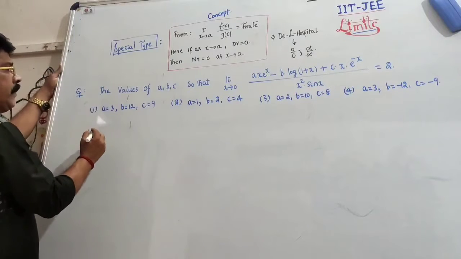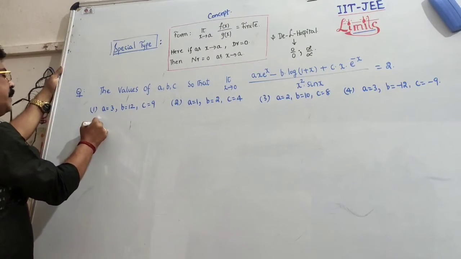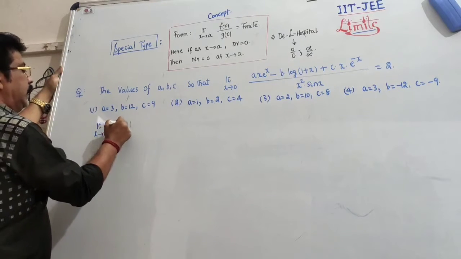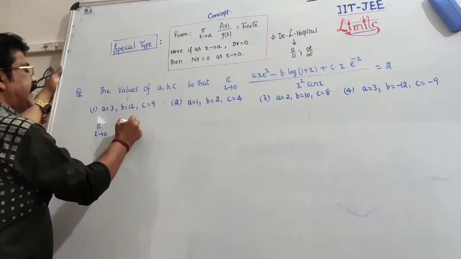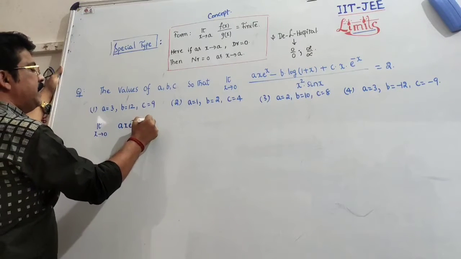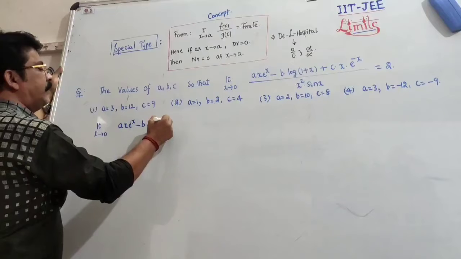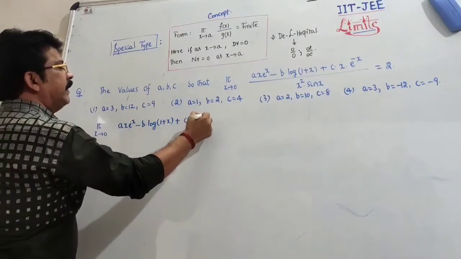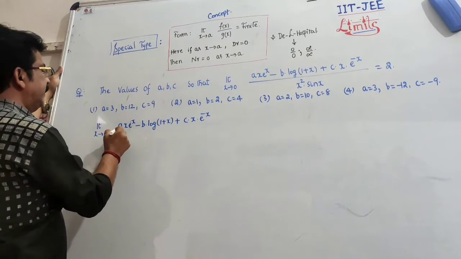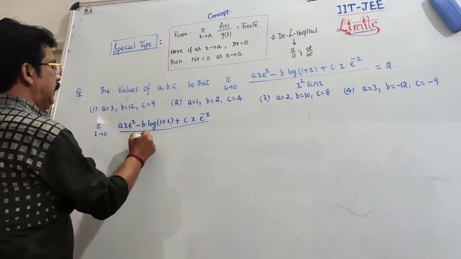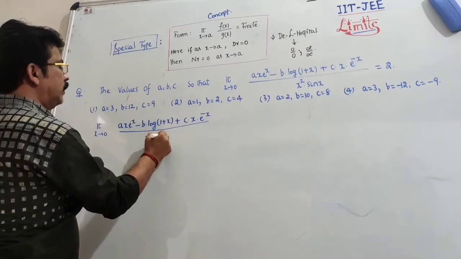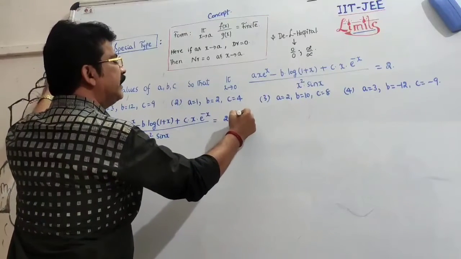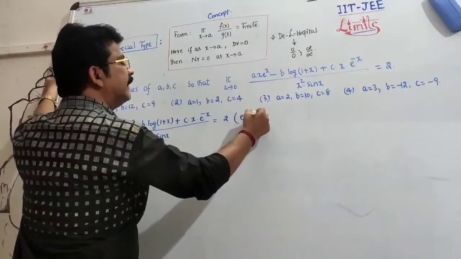Here, given that limit x tends to 0 of a x e power x minus b logarithm of 1 plus x plus c into x e power minus x, all divided by x square into sin x is equal to 2, means it exists and is finite.